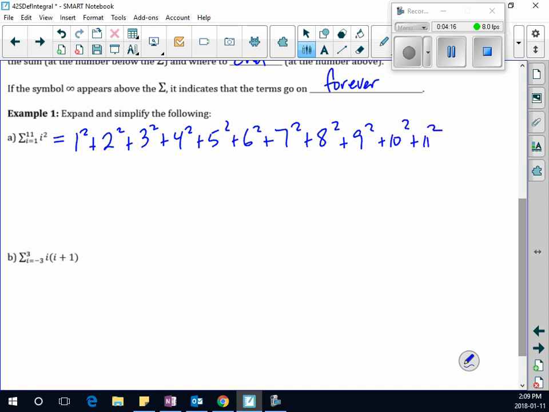Does everybody understand how I started and ended and why it's the square? You would have a calculator at this point and just punch it all in. Anyways, you get 506.